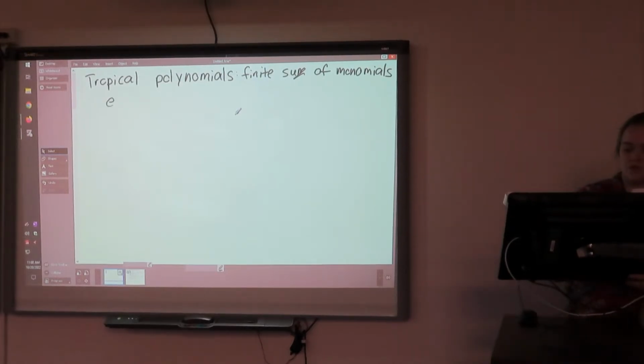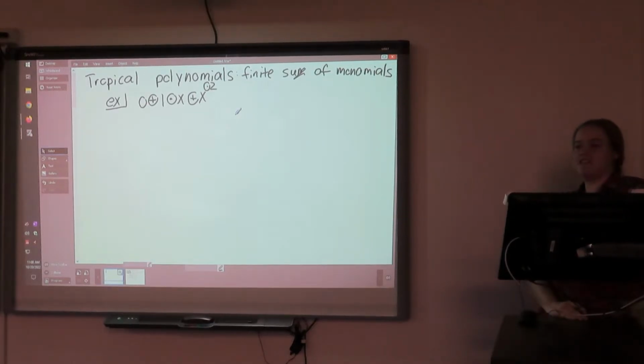For example, we can have 0 plus 1 times x plus x raised to the second power.